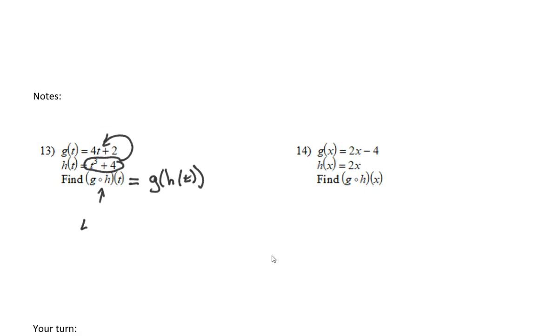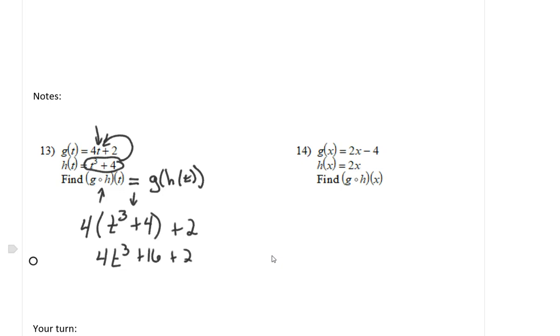So instead of 4t plus 2, it's going to be 4 times the quantity t cubed plus 4, plus 2. So I took the t out, and I replaced it with that. And now I just need to simplify. So if I distribute, I get 4t cubed plus 16 plus 2. So that's 4t cubed plus 18. And that's your final answer. I'll do one more, g of h.